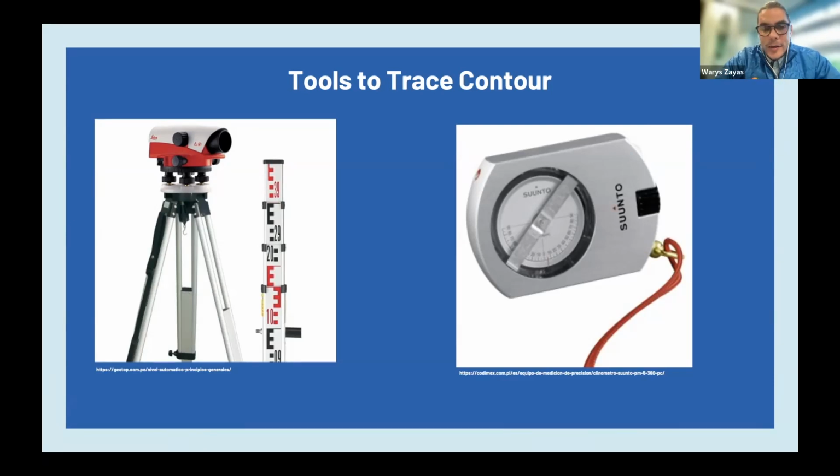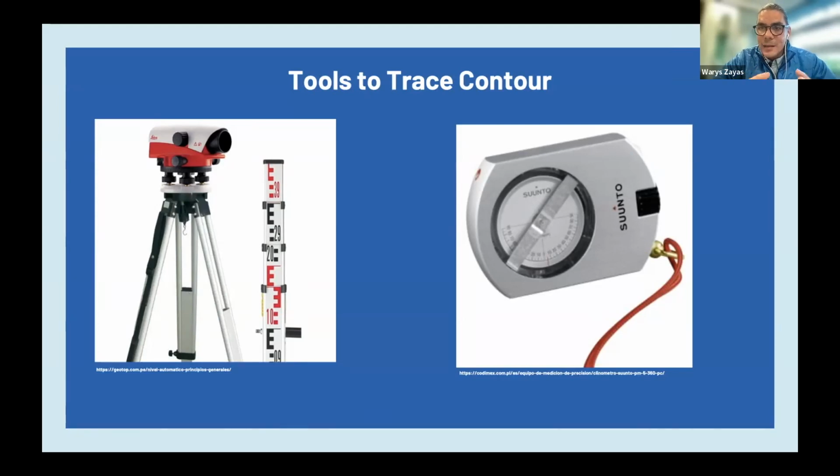Okay, well, let's go to what we came here for today, right? There are significant tools that we can use to trace the contour on our lands. There are really advanced technology tools like the ones we have here. For example, on the left of your screen you can see what is called a telescope level, or dumpy level. On the right, you have a clinometer.